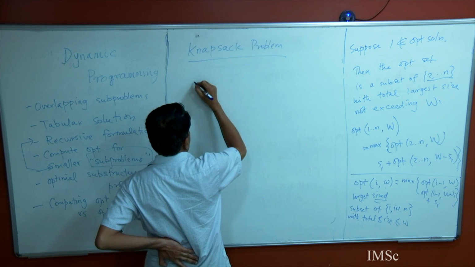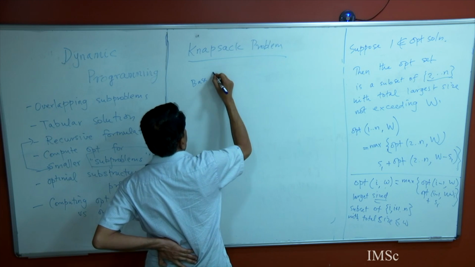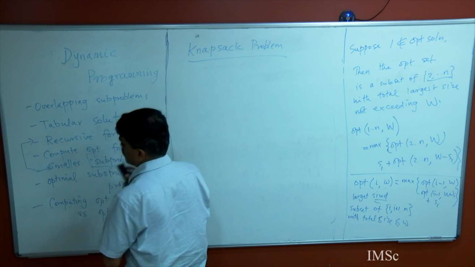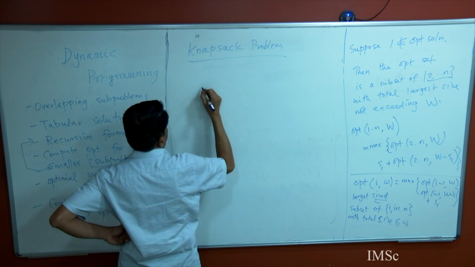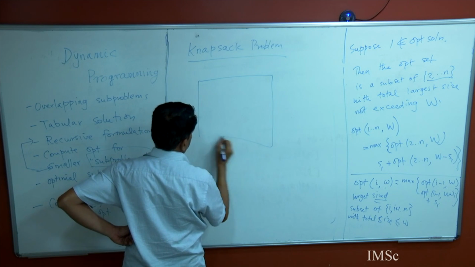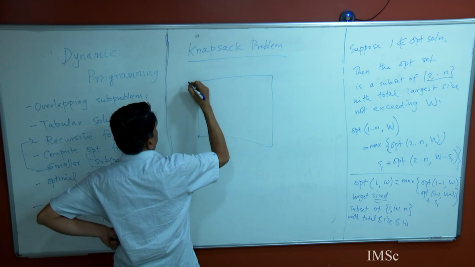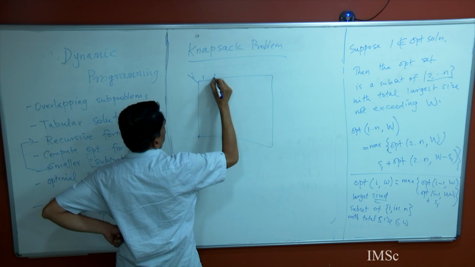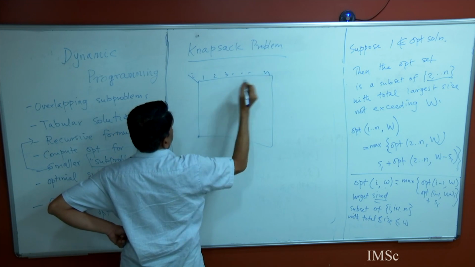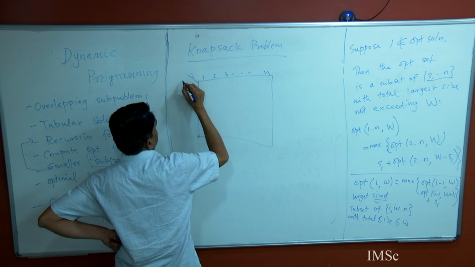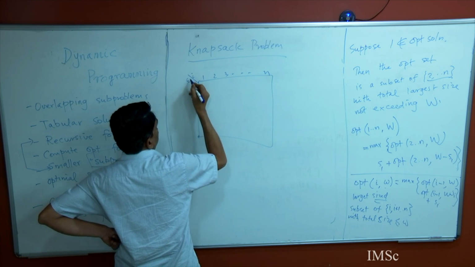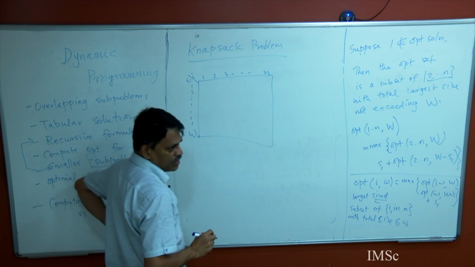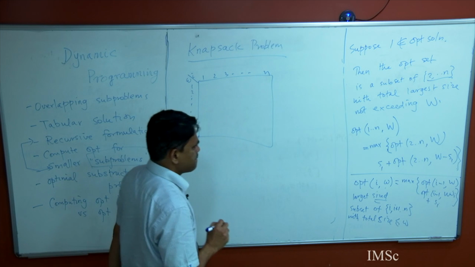So what is the base case? Let's say I have a table where I have this I which goes from 1, 2, 3 up to n, and this w which goes from 1, 2, 3 up to capital W. Right? There are these two parameters.